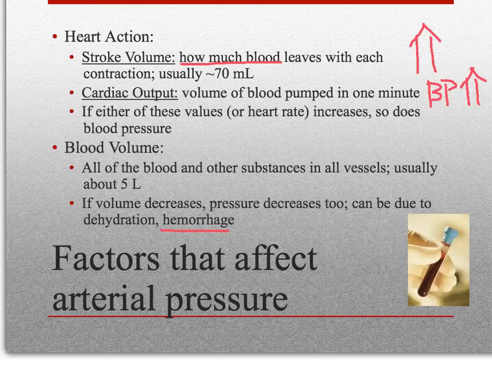That's when the body has a serious injury. So maybe there's been a car accident and your leg is broken and it's bleeding severely. That would cause a lot of blood volume to be lost. Sometimes there can be internal injuries that are bleeding, and so blood is leaving the blood vessels, and that also causes blood pressure to decrease.